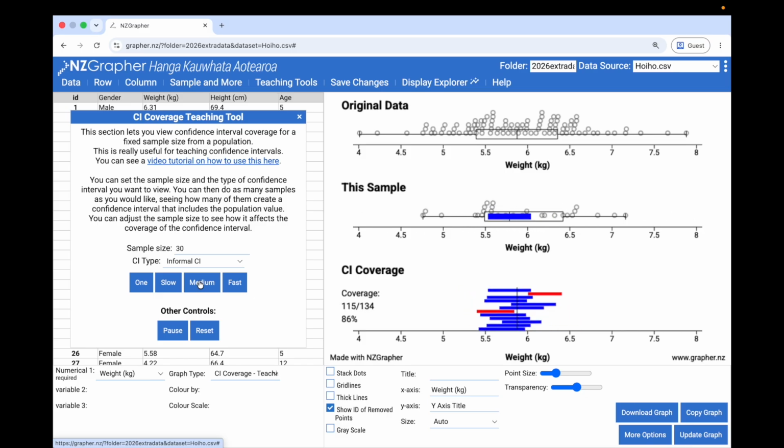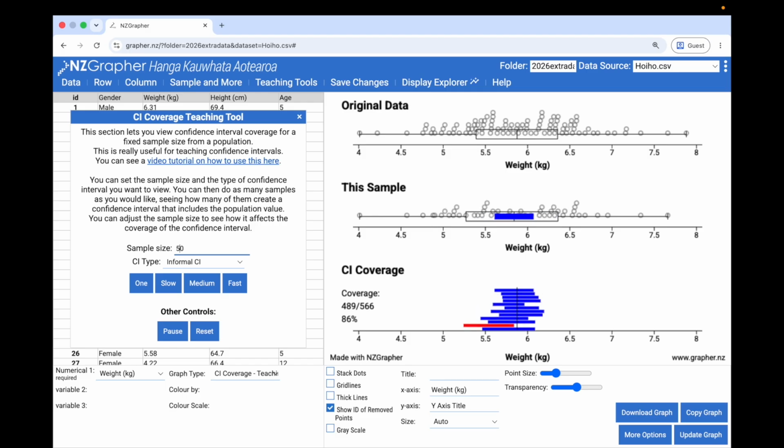It's obviously random, so you're going to get a little bit of variation, but we're getting much closer to that 90% coverage that we were expecting to see. And bearing in mind that this is just a rule of thumb, so it's not perfect. It's assuming that my original data is perfectly normally distributed, which we can see it's not. There's some other things going on in there. But it's kind of doing what you'd expect it to do on the tin.